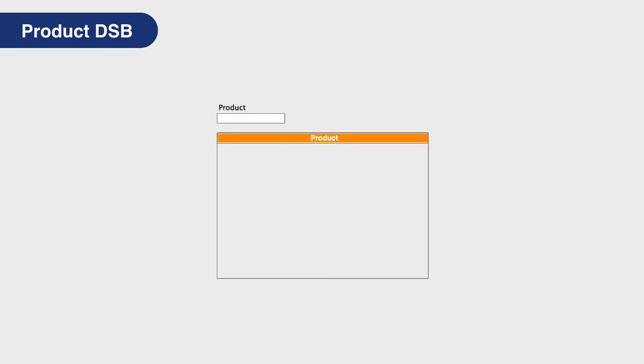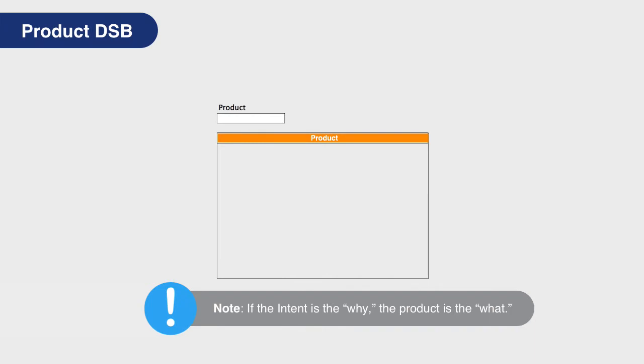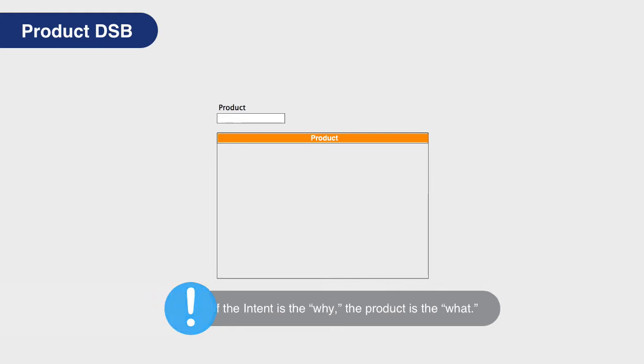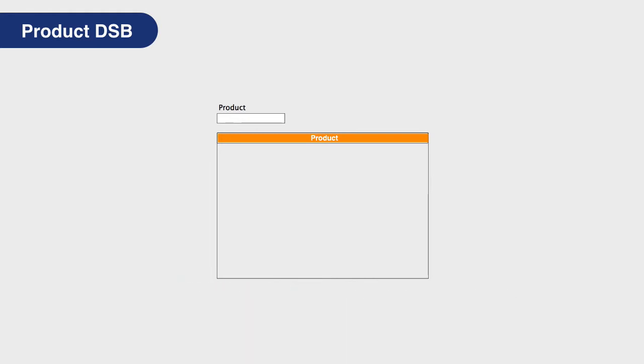The product search box contains a list of products and/or services related to a particular application. If intents are the why of the utterance, the product is the what. Products and services vary widely from application to application. Products might include household items such as calendar and photo album, or appliances such as dishwasher and toaster oven.